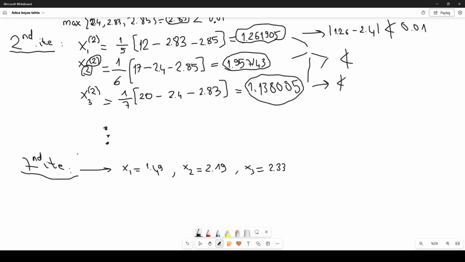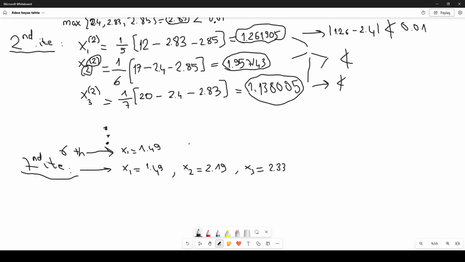Actually maybe it would be better to write the results of the 6th iteration as well. This is the result of the 6th iteration for you to clearly see that we are below the error tolerance as desired. So x1 is around 1.49 and I rounded off, because that's enough for me. I see the 142, so 2 decimals is enough because I'm less than 0.01, right?